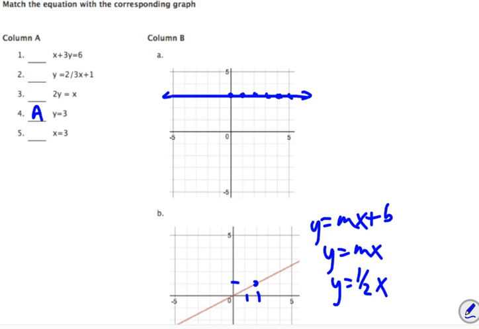If I multiply both sides by 2, I get 2y equals x, which is this one right here. So you might have started over here and rewritten it as y equals x over 2, or y equals 1/2 x. I have a y-intercept of 0, go up 1, 2 right.